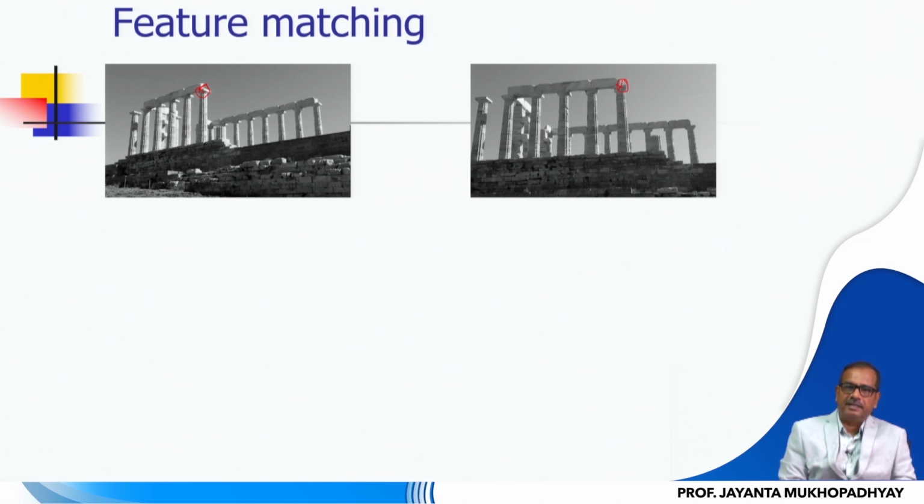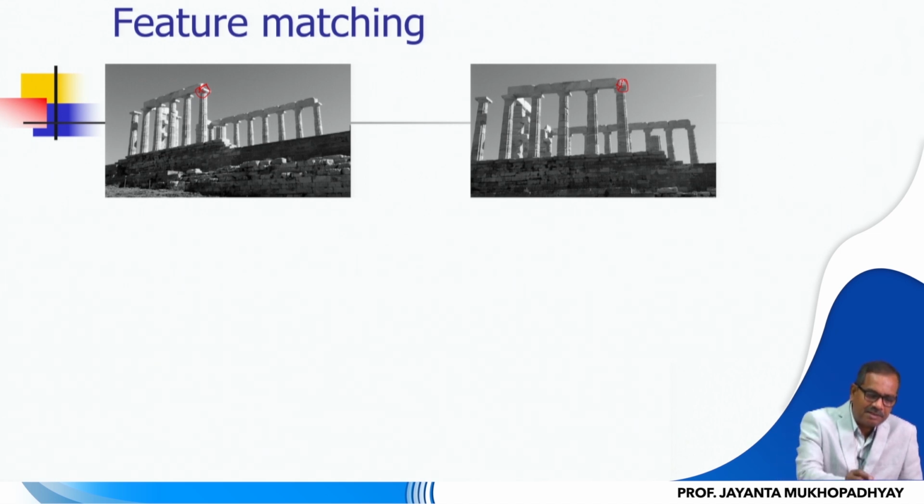One idea is that first you consider such points which have a good probability of occurring in both scenes. It is very difficult to search otherwise.